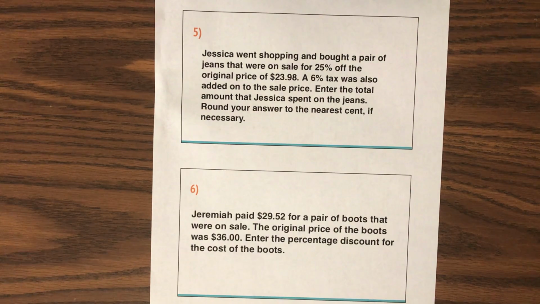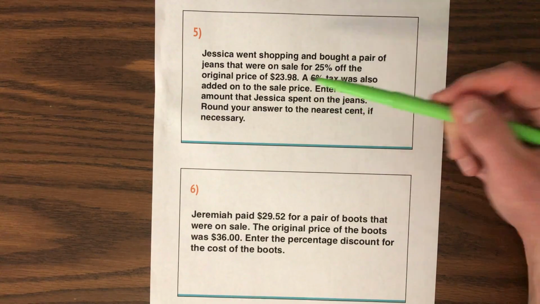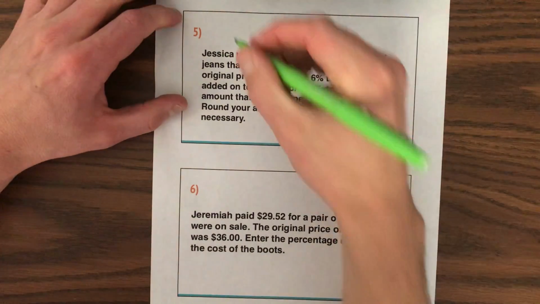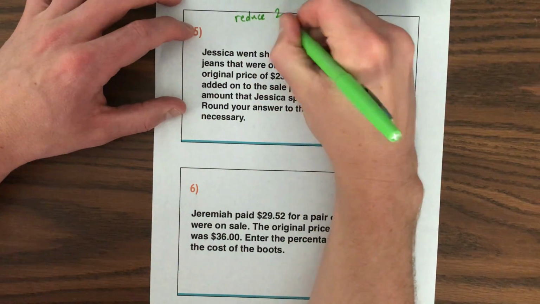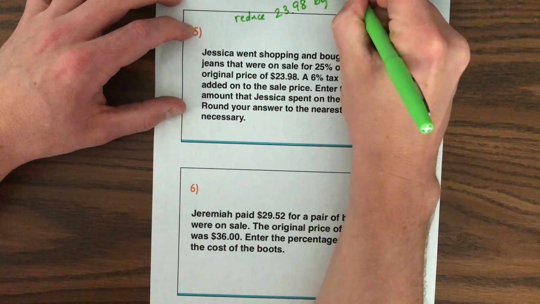Anyways, it says Jessica went shopping and bought a pair of jeans that were on sale for 25% off the original price of $23.98. And so that's going to be hard because they're giving you $23.98 instead of just like a flat $24 to work with. All right, a 6% tax was also added onto the sales price. So you got to reduce $23.98 by 25%.